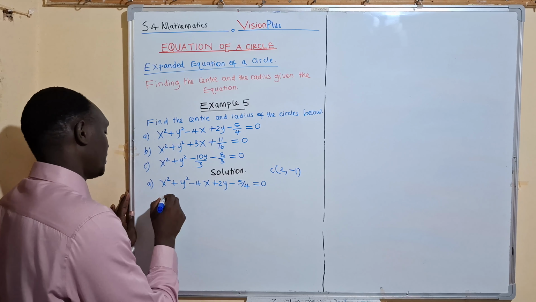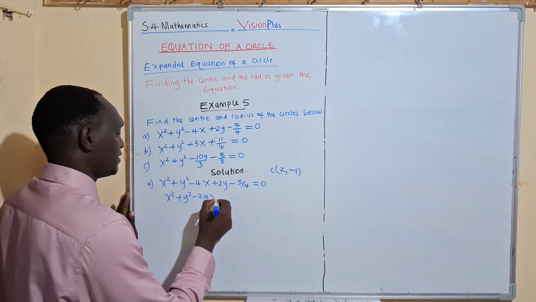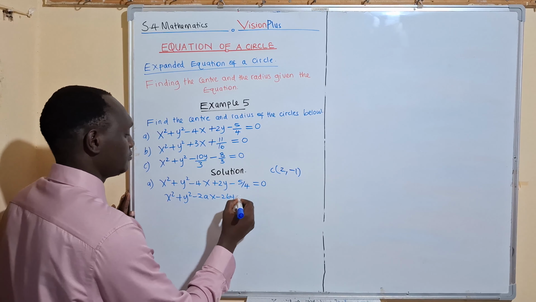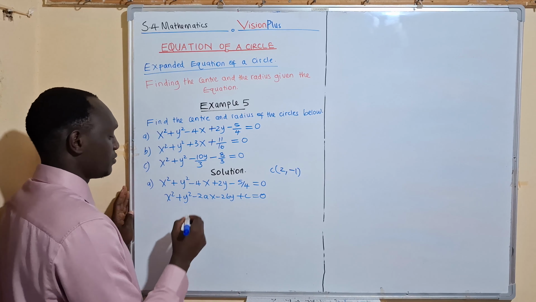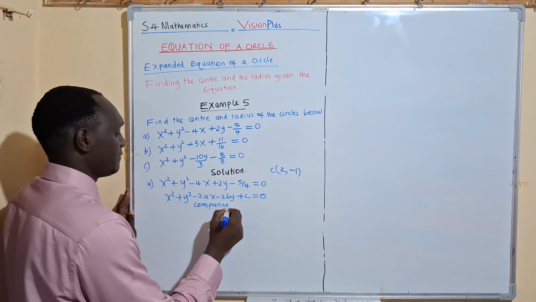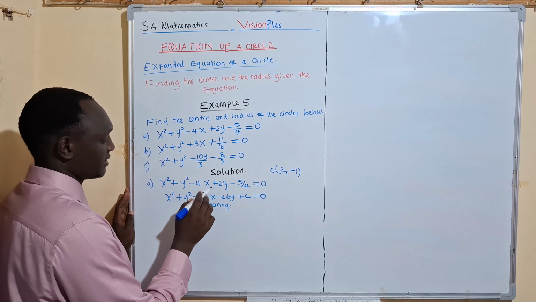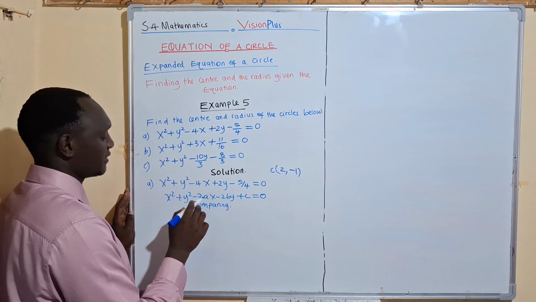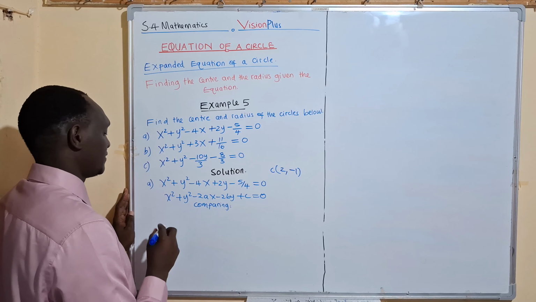So let us compare this equation to the equation of the circle, which is in this form, equals 0. On comparing the terms and coefficients, you see that negative 4, which is the coefficient of x, corresponds to negative 2a, which is also the coefficient of x.